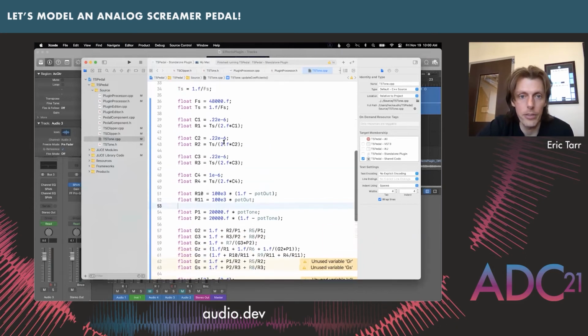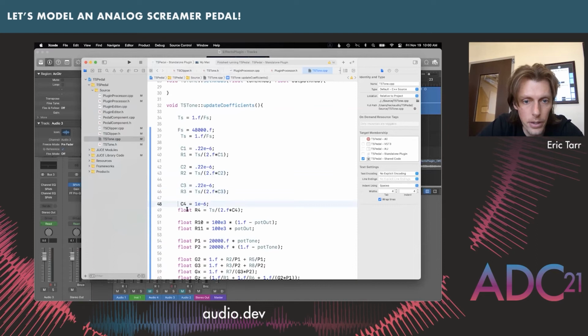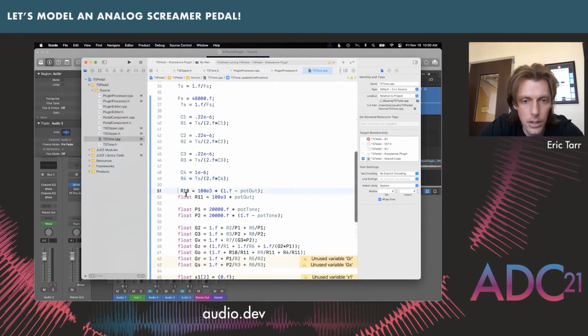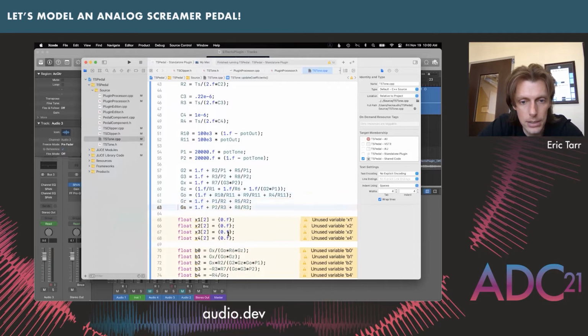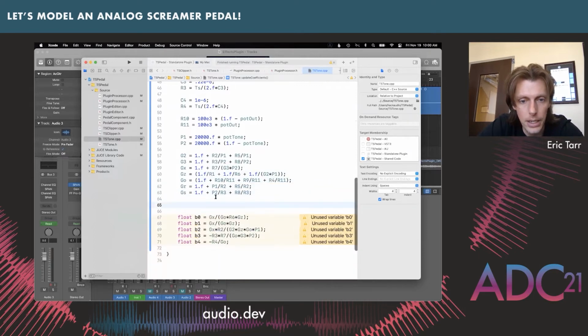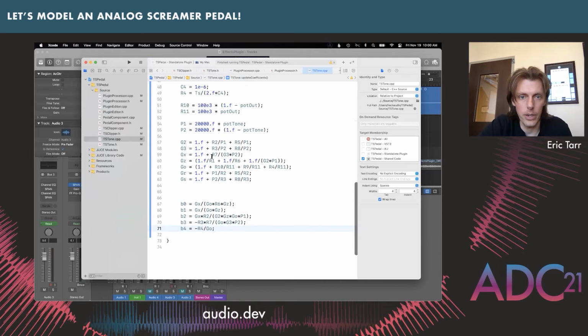And we don't want to redefine all these as floats. So my copy and paste idea maybe wasn't the best. We don't want to change the states, so let's get rid of that. But we will recalculate these. Okay, so I think we're in a much better shape.